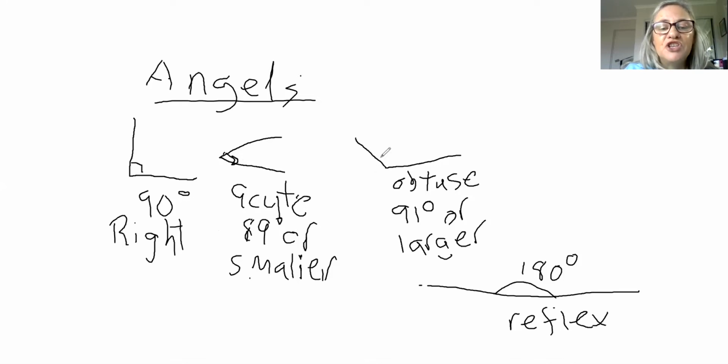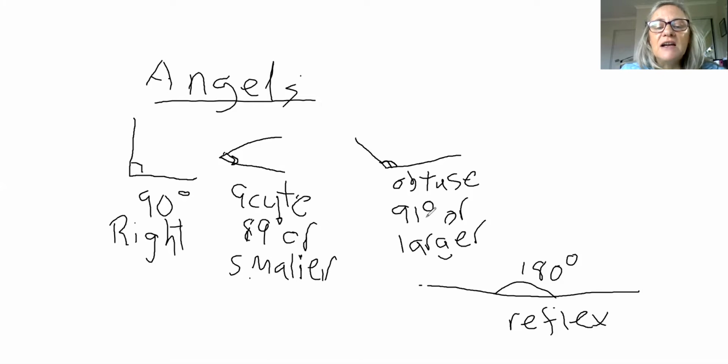Then we have the obtuse, and I forgot to put the little circle thing in there. Oh, that looks like a box, doesn't it? Make it a little bit more of a circle. Okay, so this is an obtuse angle. It looks a bit like a book when it's open, okay?